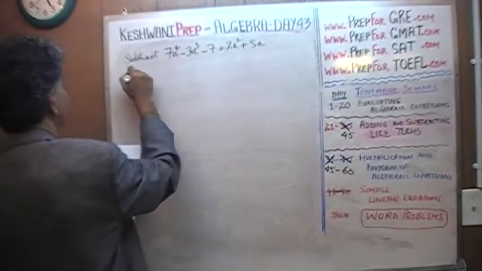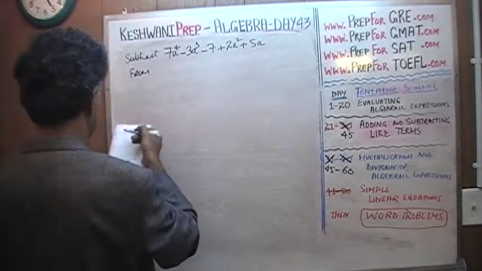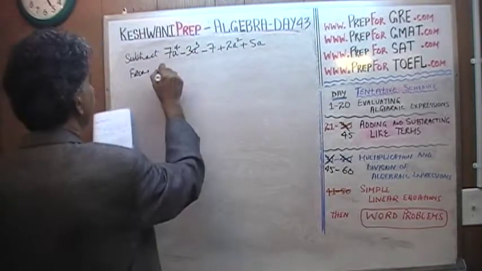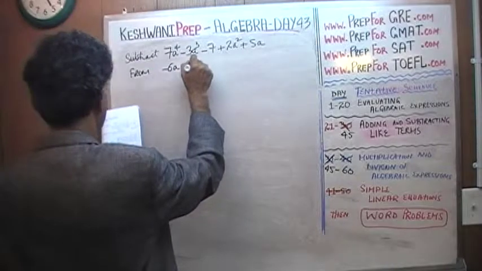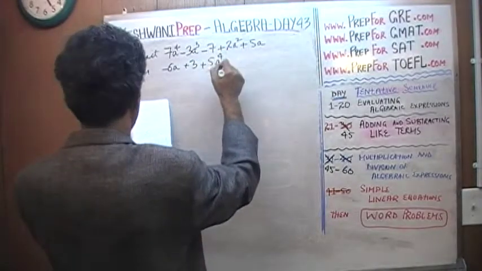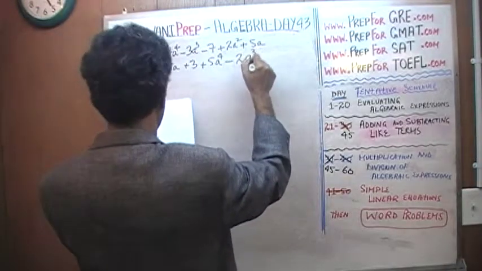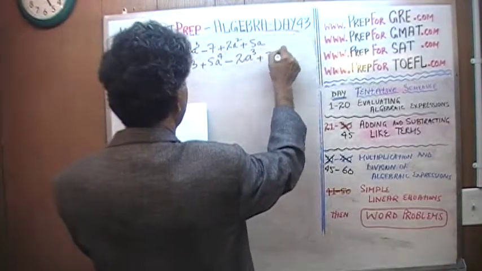Subtract this expression from the expression that is given to us here, negative 6a plus 3 plus 5a to the fourth minus 2a cubed plus 3a squared.